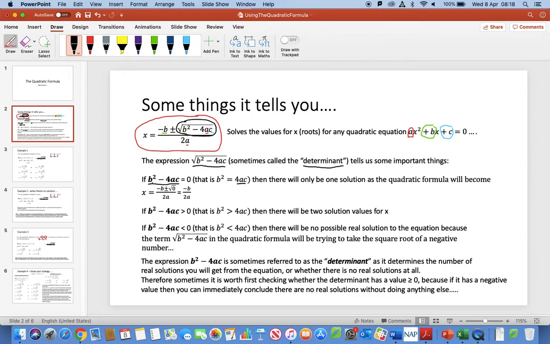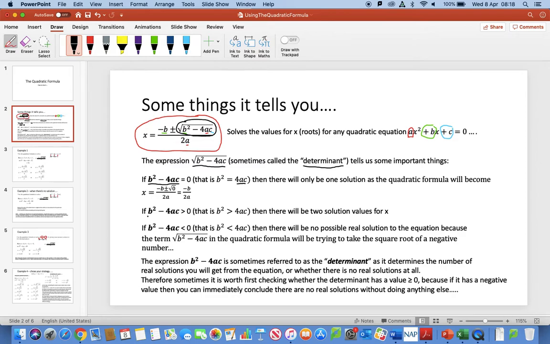So if we simply take the a, b and c values and substitute them into the determinant formula, b squared minus 4ac, and that equals 0, then it predicts to us that there'll just be one solution. And then we can simply use this simpler formula if we want, minus b over 2a, to solve it.